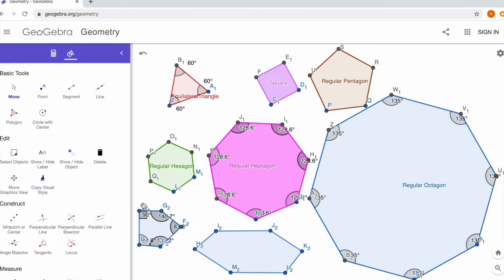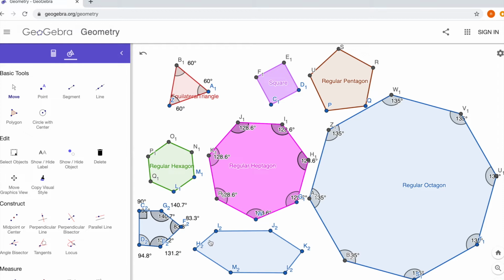First angle is 90 degree, 140.7 degree, third is 83.3 degree. None of the angles is same. 131.2, 94.8. All angles are different. So it is irregular polygon where the sides and angles are not of the same measure.